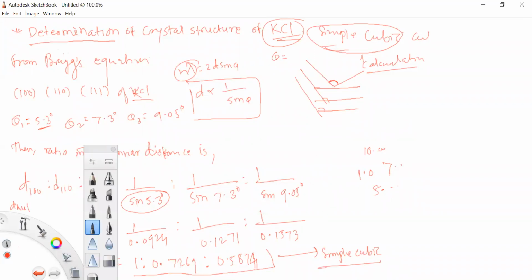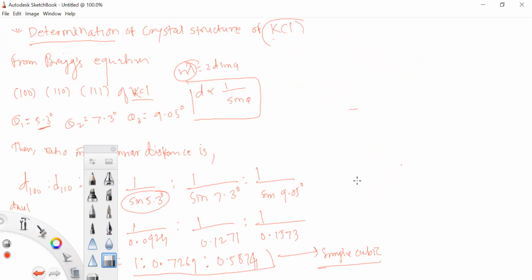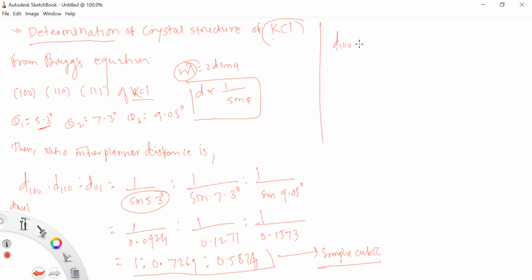So just similar to the simple cubic structure, your KCl shows similar values like your simple cubic structure. आणि म्हणून these values we can write, d100 is to d110 is to d111 is 1 is to 1 upon root 2 is to 1 upon root 3. So these are the standard values of simple cubic structure.